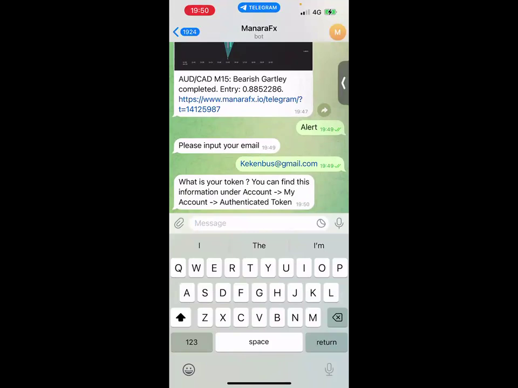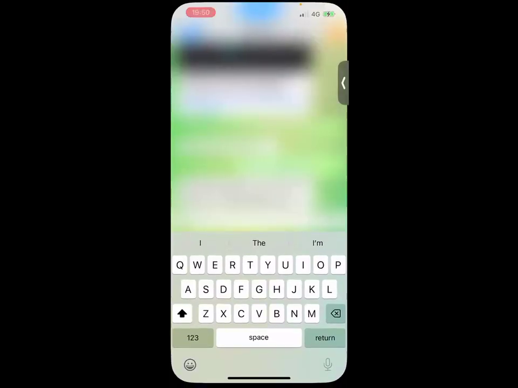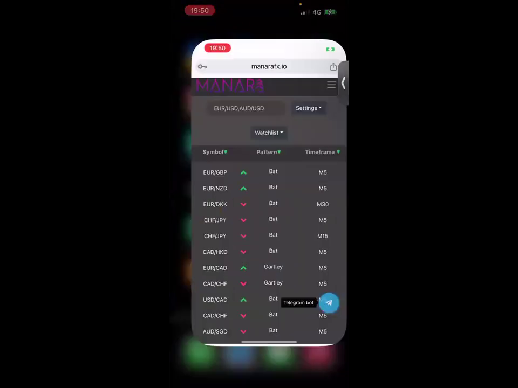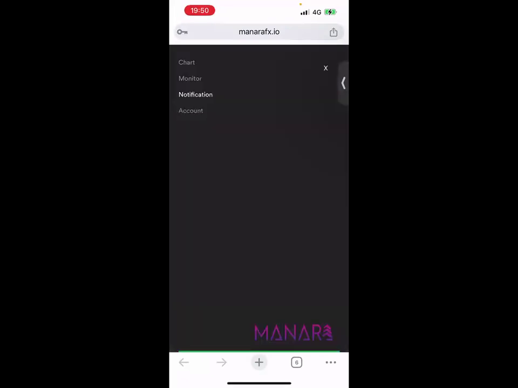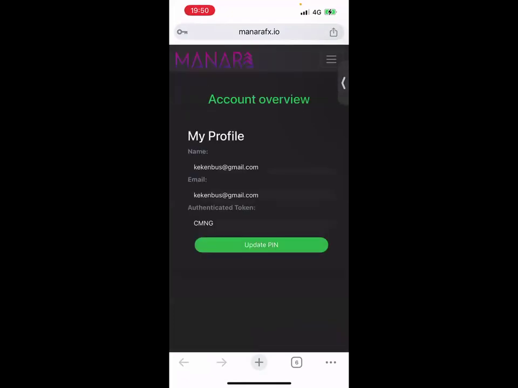So let's go to our software on account. So go back to Manara, the software itself. So click on the menu line. Remember, I told us accounts. Can you see accounts? So click on accounts. So look at authenticated token here.